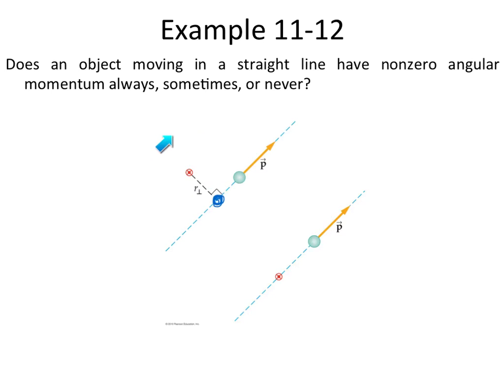But what if it's moving in a straight line directly over a point? What if you were to run directly at a merry-go-round and run directly towards the central pivot point? Would that cause the merry-go-round to spin?